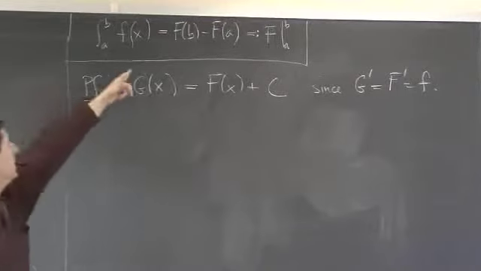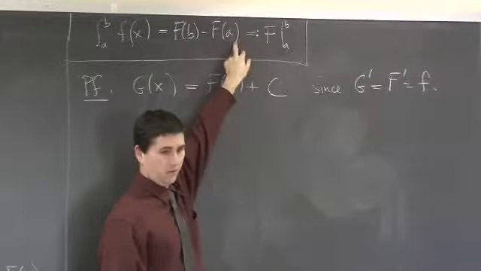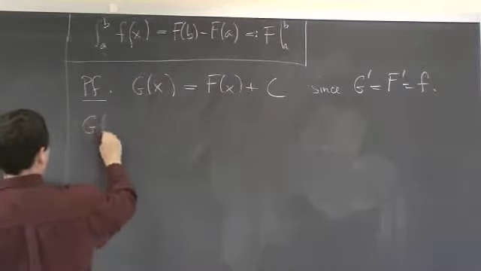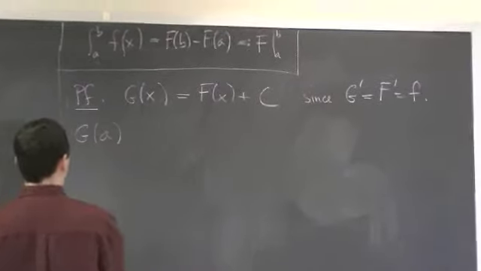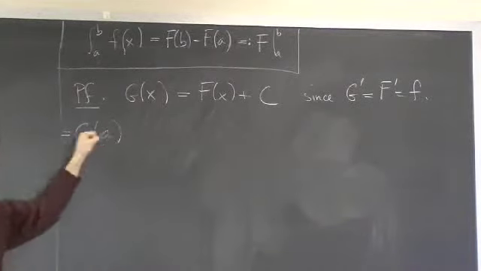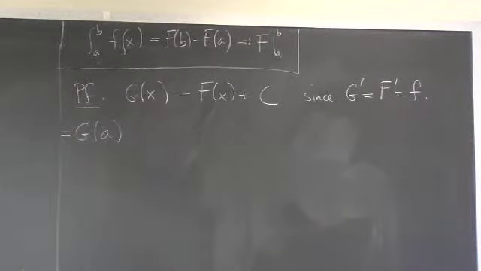Somehow we have to get b and a into the game, right? Because that's what the formula looks like. So let's try plugging the a in. Just remember, what did g of a equal? So g of a means you put an a in for x.